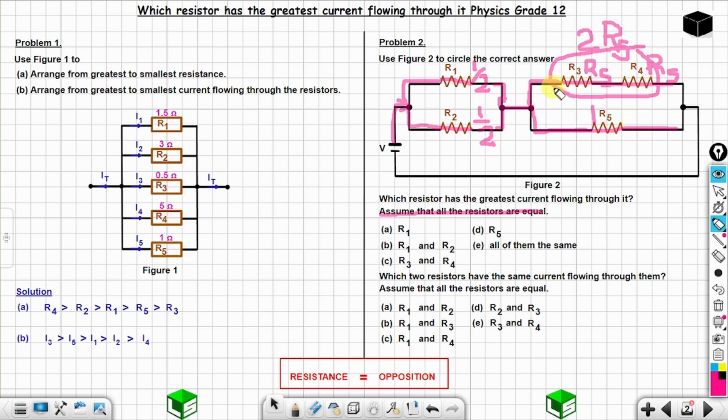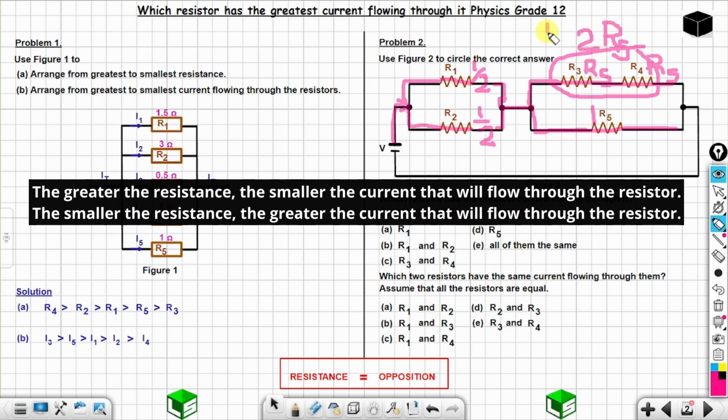Now you are going to have a greater current on this branch because you have a smaller resistance. On this branch you have two R5, so you are going to have a third of the current, 1/3 of the current. On this branch you are going to have 2/3 of the current because the resistance is smaller.